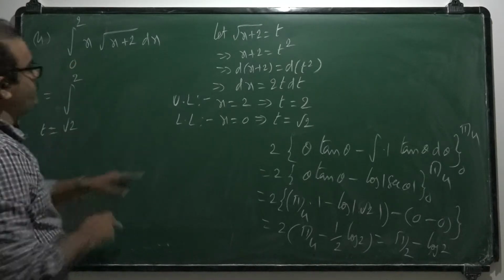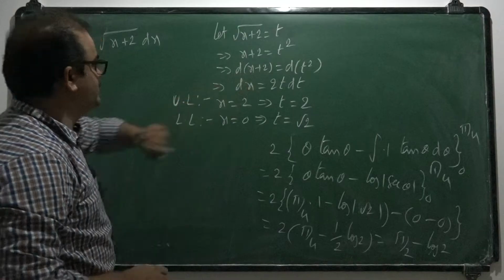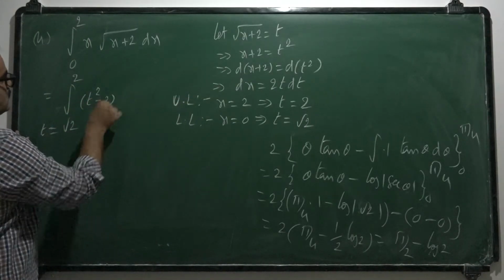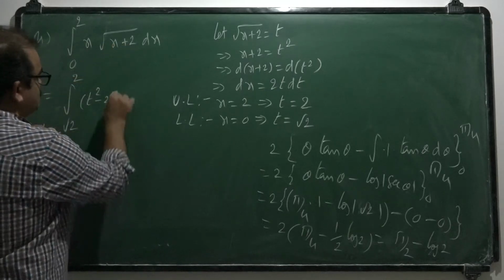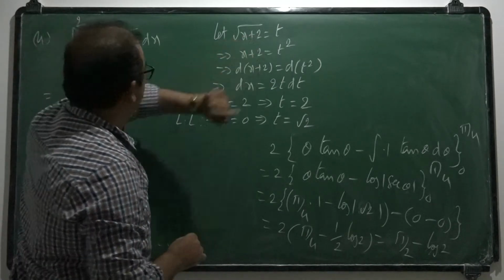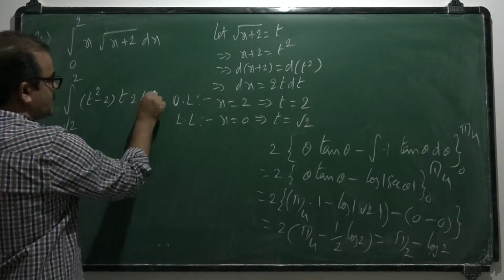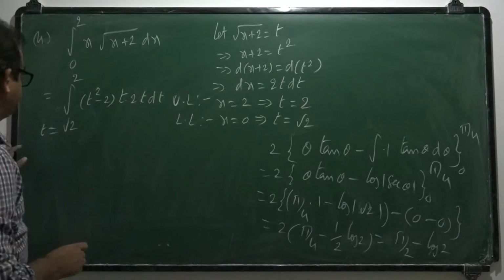X, from this x value is t square minus 2. Root of x plus 2, that is t. Dx, what is dx? 2t into dt.